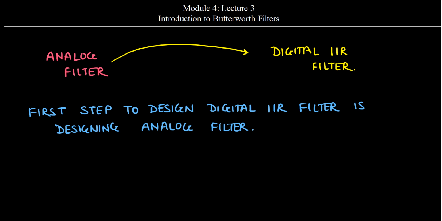So now we are going to start the design of this digital IIR filter by first considering the design of this analog filter. So let us start designing the analog filter.